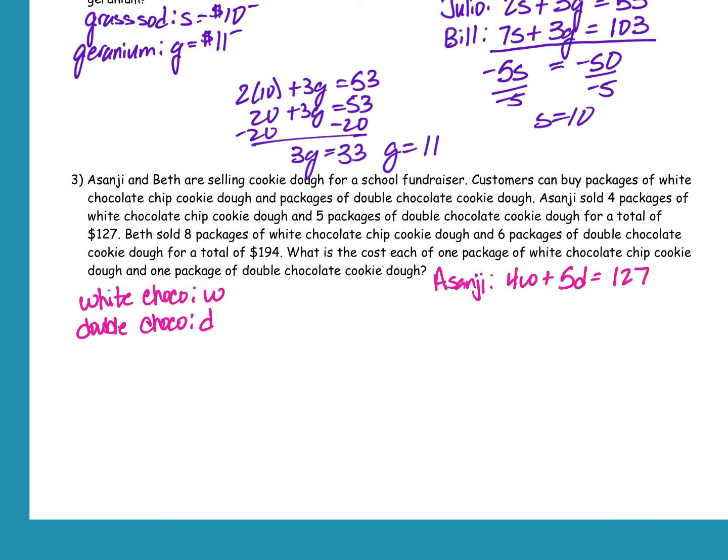And then we have Beth, 8W plus 6D equals 194.